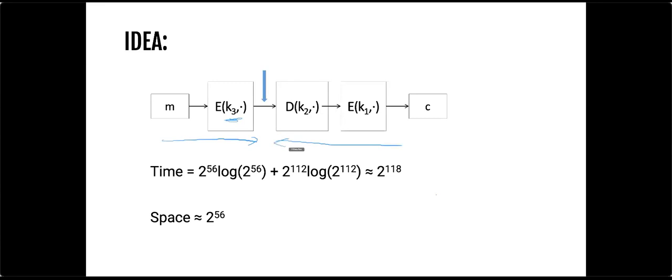And that is going to be complex enough for brute force. In this case, the time will be approximately 2 to the 118, and the space will be approximately 2 to the 56. Actually, it can be larger, it will be times 2, because you have to have 2 tables. So that's why you're going to have 2 to the 56 approximately.